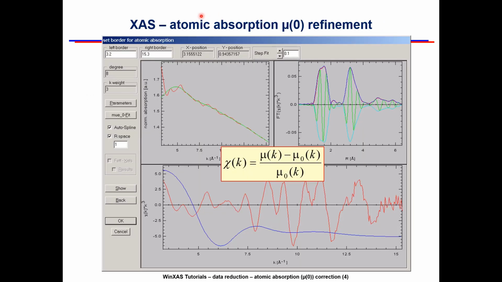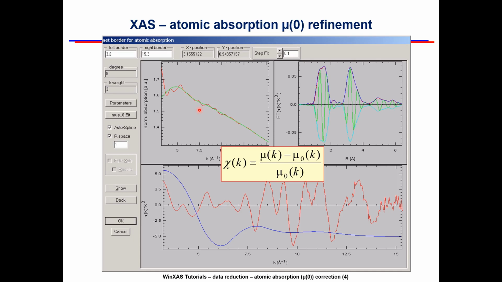Atomic absorption refers to the evolution of absorption as a function of photon energy for an isolated atom without any neighbors and thus without modulation of the absorption coefficient.